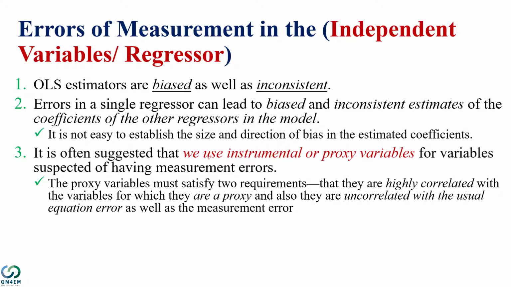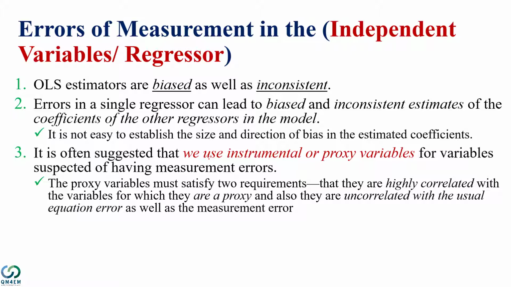So the IV variable can be used instead of the variable that has measurement issues, but this IV variable should be very strongly correlated with the variable which it is substituting, and it should not be correlated with the error term, and it should not have any measurement error. So that may solve the problem of this measurement error.